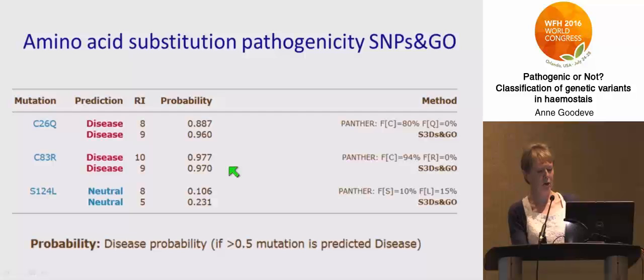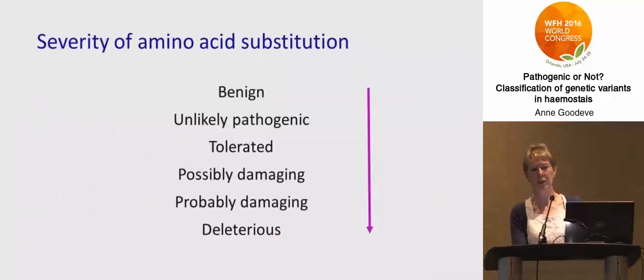And the threshold for these substitutions is for the number to be at least 0.5 for them to be classified as pathogenic. Whereas the one at the bottom, the serine to leucine, is likely to be neutral and not have any impact. So that's just an illustration of one of the tools as to how they work.